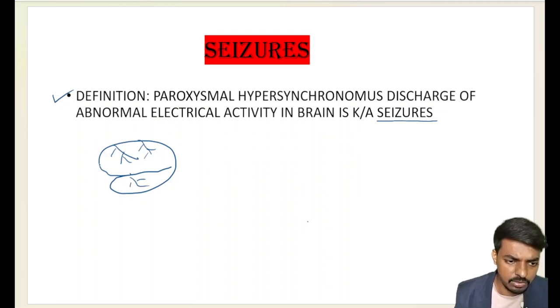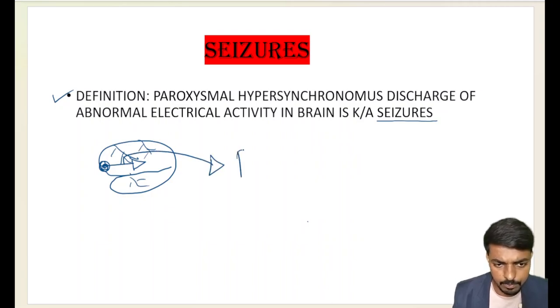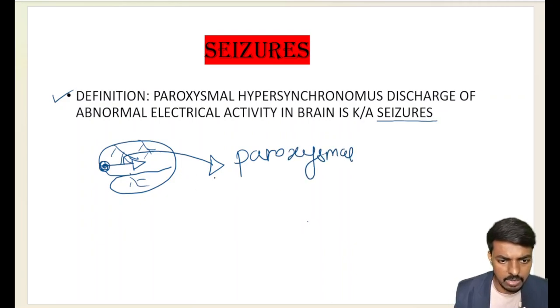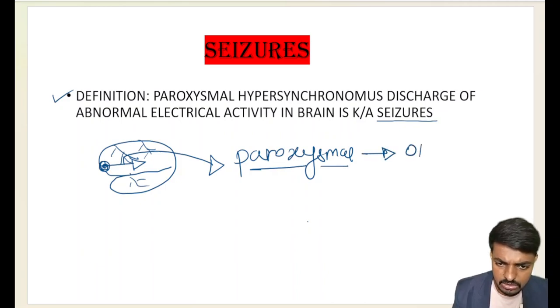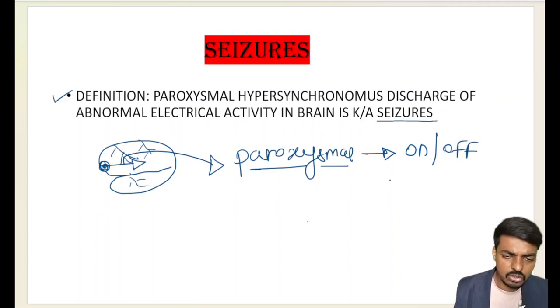So in this particular brain, from this particular point, abnormal electrical activities are discharging. This abnormal electrical activity is in the form of paroxysmal and hypersynchronous discharge. What is paroxysmal? Paroxysmal means in an on and off manner, coming and going, coming and going.